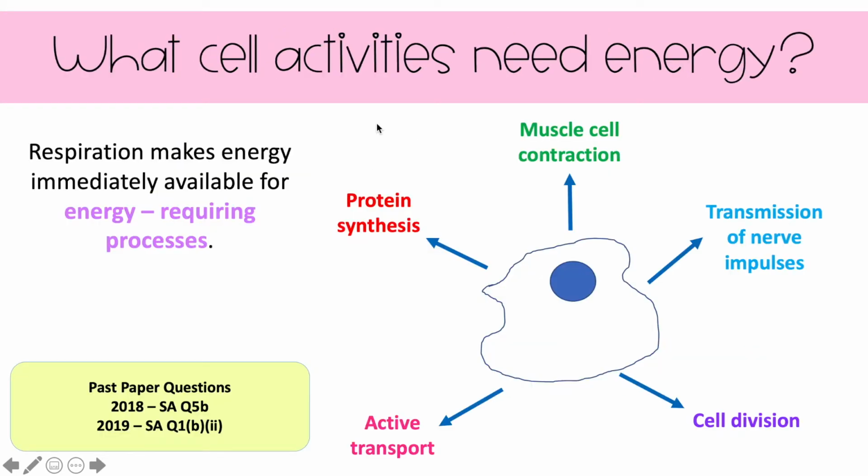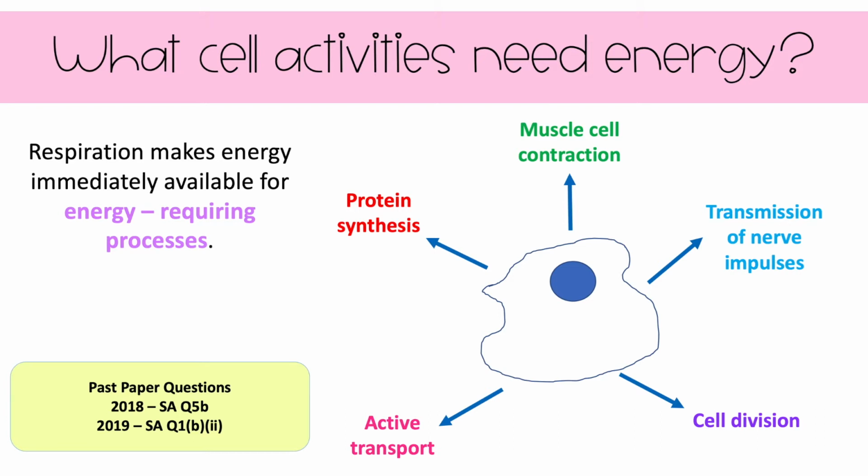What cell activities need energy? When an energy-rich substance such as glucose is gradually broken down during respiration in a living cell, it releases energy that is used to regenerate a molecule called ATP, which we're going to learn a bit more about.